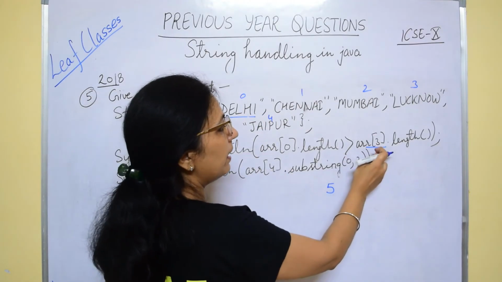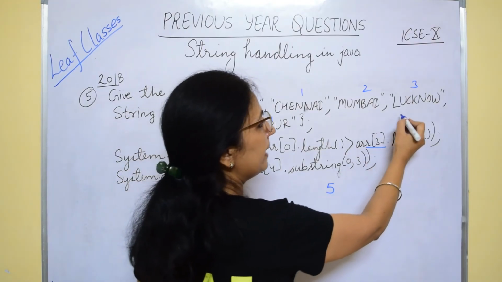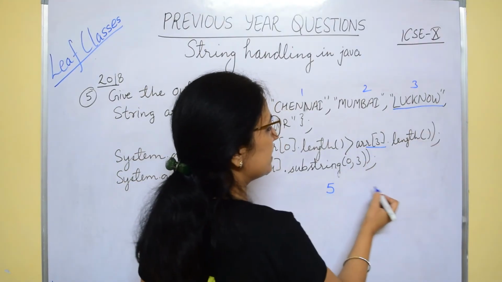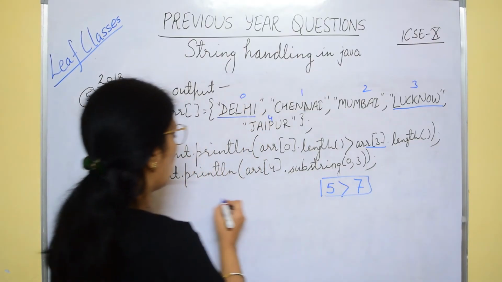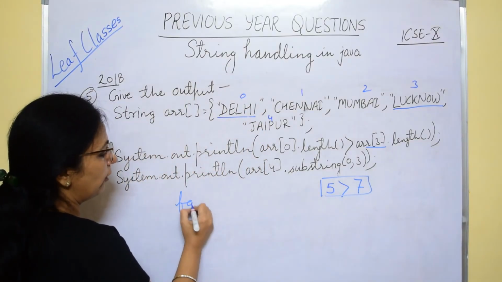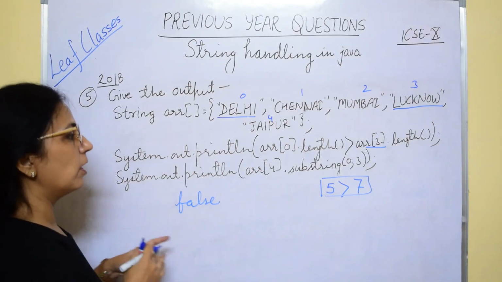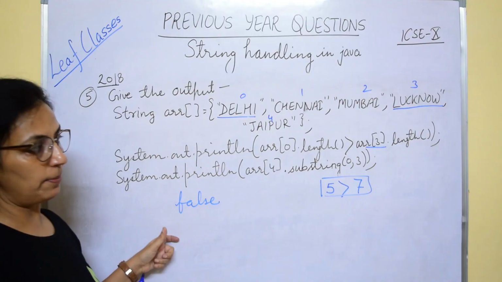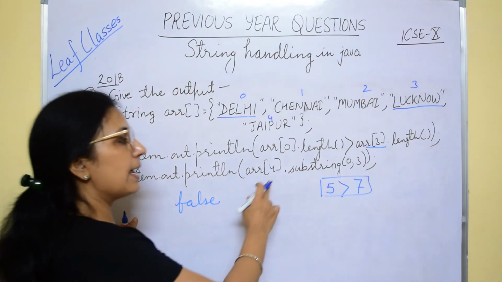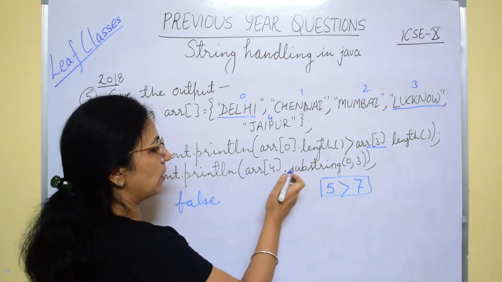Greater than symbol ARR 3. The length of Lucknow is 7. 5 greater than 7, it is false. So the output of the first print statement will be false. And since it is written println, the next output will be on the next line. Then ARR 4 dot substring.